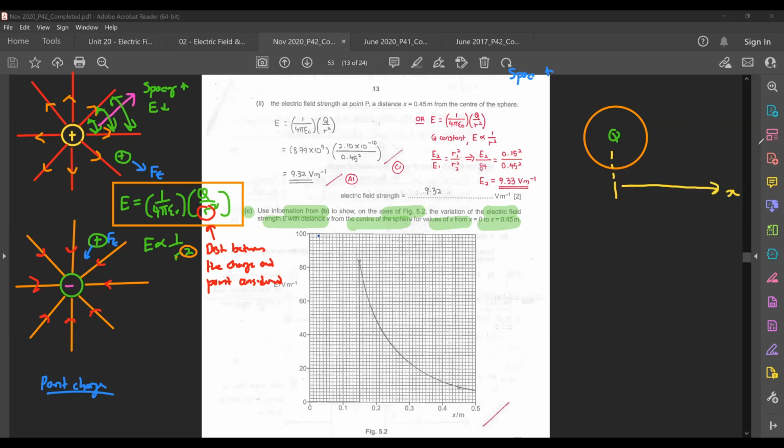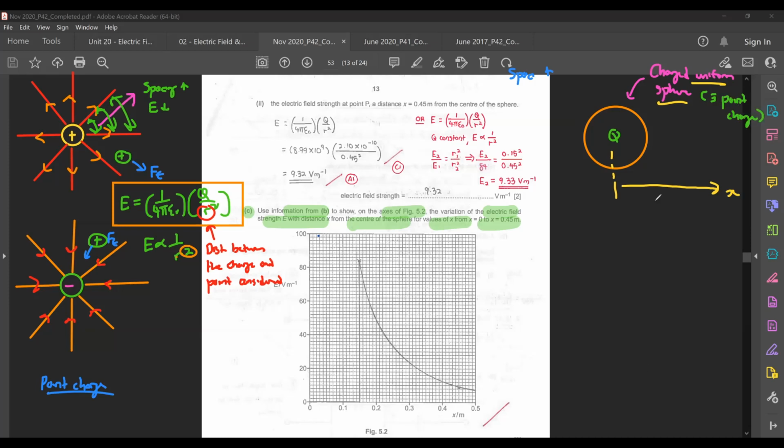Okay, now because this is a charged uniform sphere, we can actually say this one is identical to a point charge.